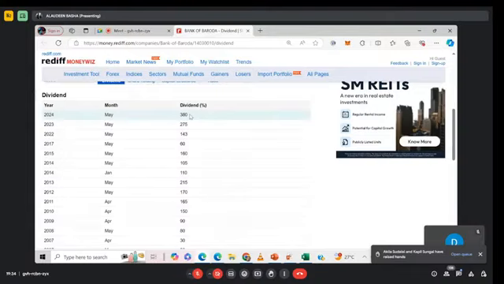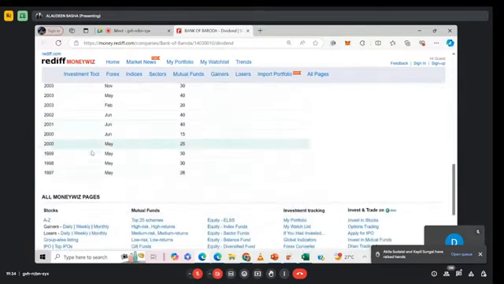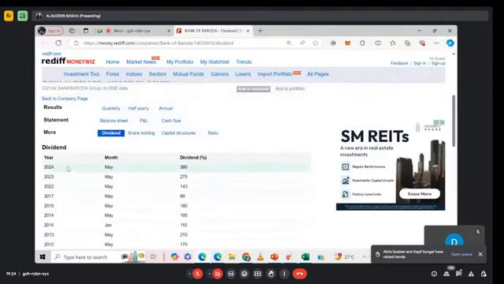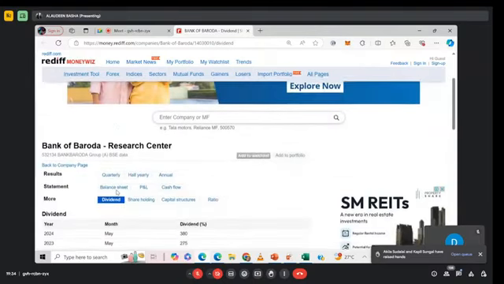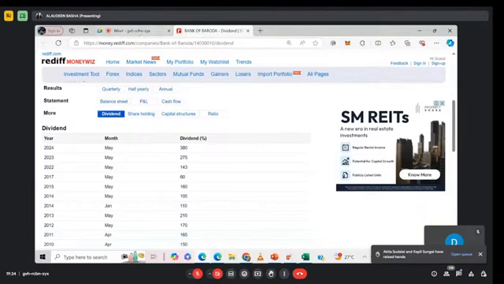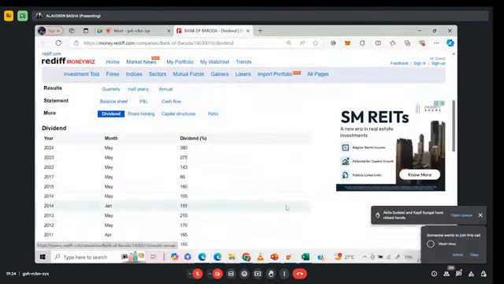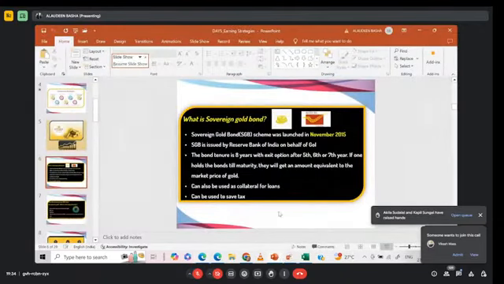So just imagine, you can compare this dividend. Someone holding Bank of Baroda from 1997 to 2004, compared with the stock price, the dividend value is much higher. So you can select these kinds of stocks in future. It will be very useful to improve your portfolio by using this dividend value.